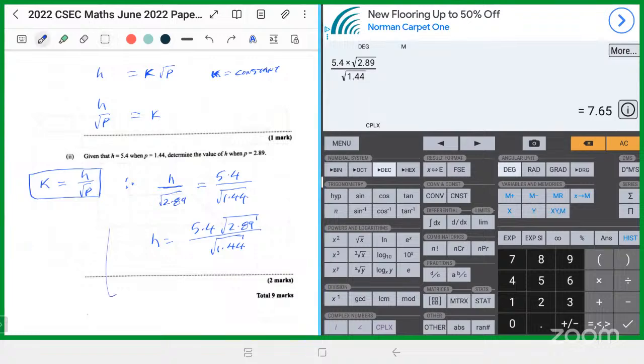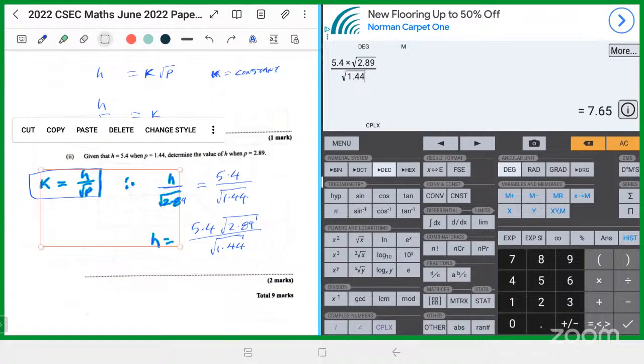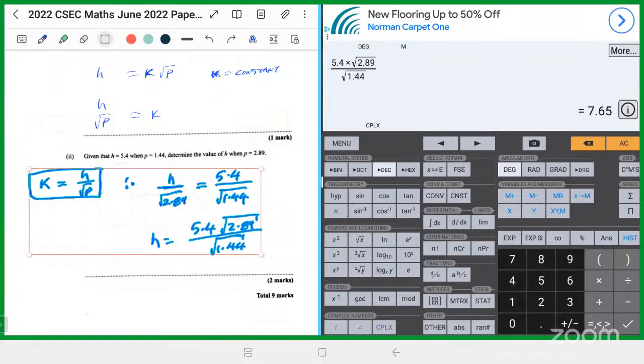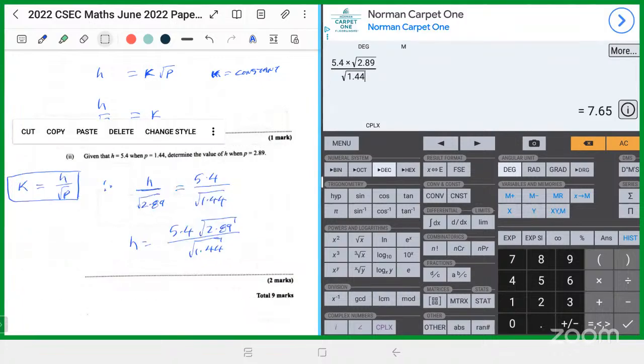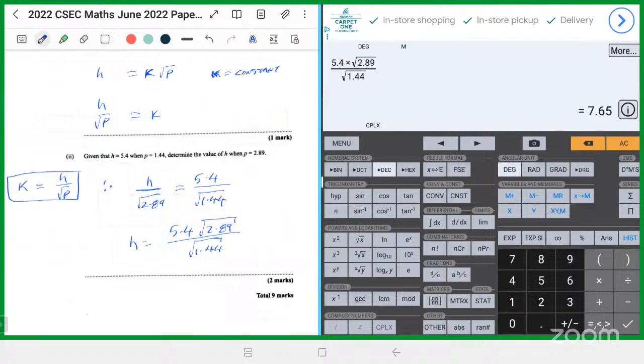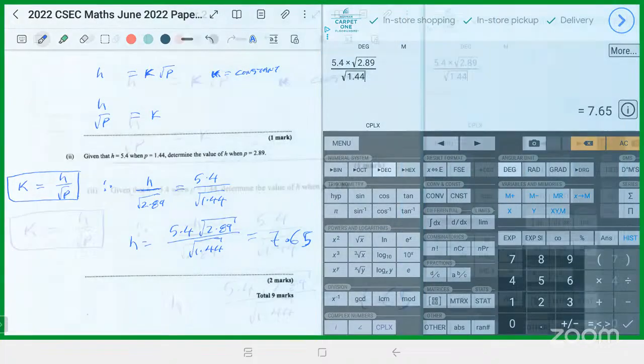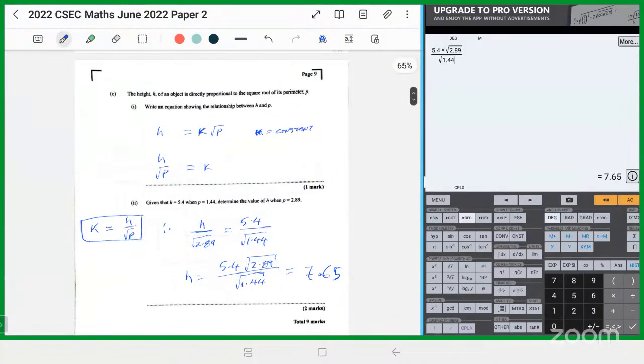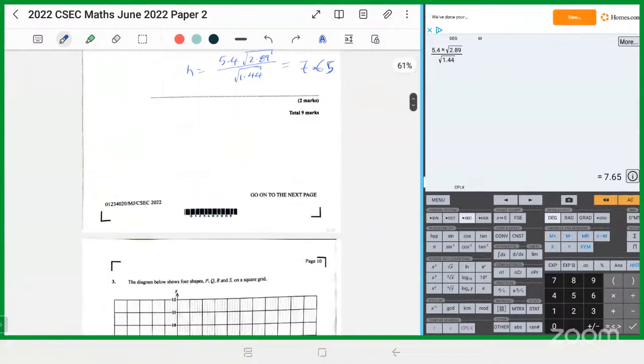Shift this over a bit, this over there, a bit over everything. This becomes equal to 7.65. All right, that's it, guys. Second question done. 9 marks. All right, let's go to the next question.